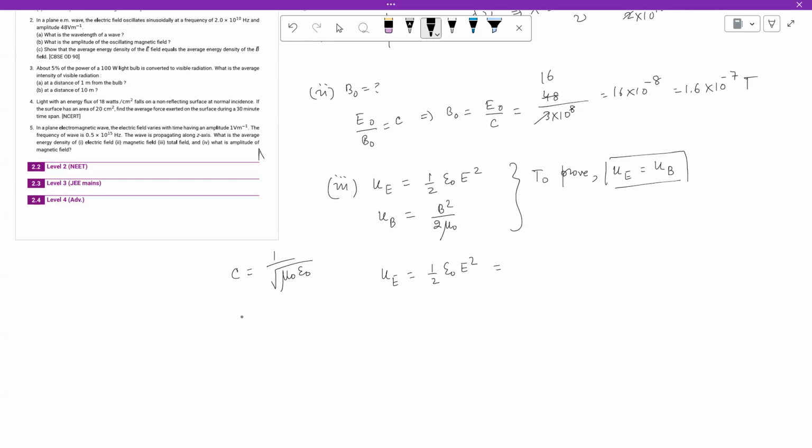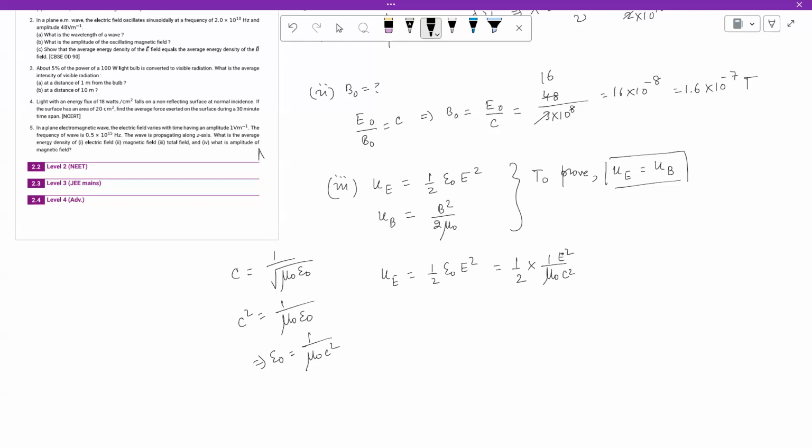Yes, sir. So c square would be 1 by mu naught epsilon naught. So we can write epsilon naught as 1 by mu naught c square. Clear? So let us write half epsilon naught as 1 by mu naught c square, and then E square.